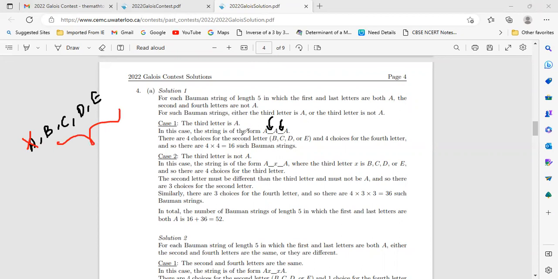You can fill B, C, D, or E. Same goes with the fourth place as well. You can fill B, C, D, or E, right? So totally you do have 4 into 4 choices, which means in case 1, you're going to have 16 such Bowman strings. So that is for case 1.